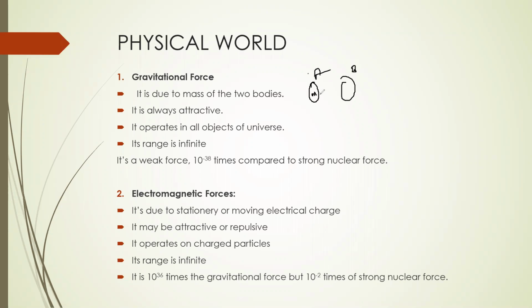Suppose the masses are M1 and M2, and the distance between the centers of the masses is r. Then M1 exerts force on M2 and M2 exerts force on M1.